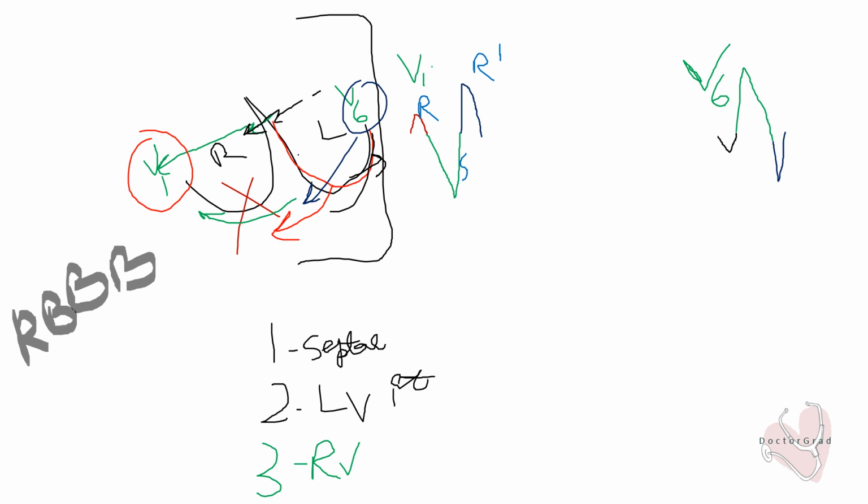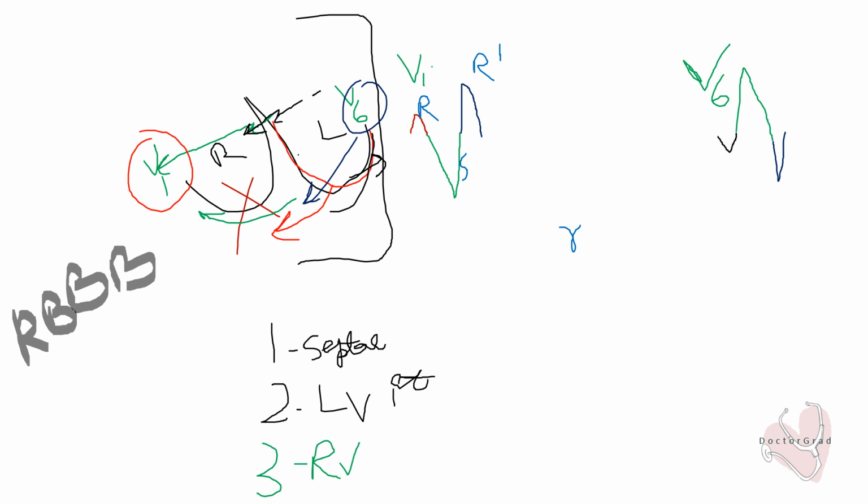See, any first positive deflection is called an R wave, no matter how small or big. If it is small, you can denote it with a small r. The capital or small letter denotes the amplitude, but the letter R as such denotes a positive deflection no matter the amplitude.